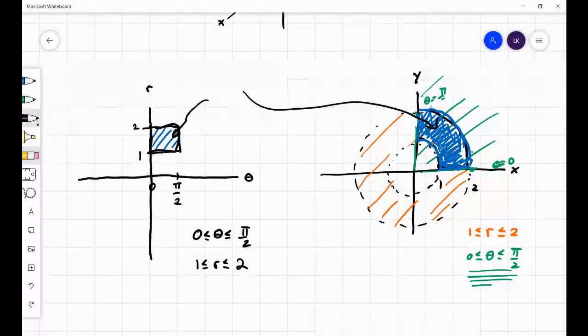I'm using the math term angular region, but yes, it's a washer. So you have to be able to play that game: look at the bounds for theta and r, see what the corresponding picture is in the xy plane, and vice versa.